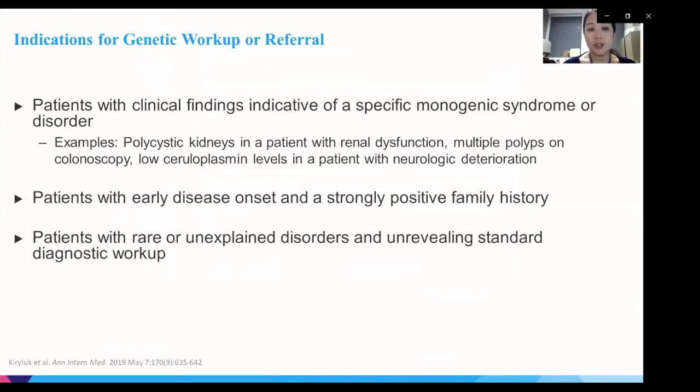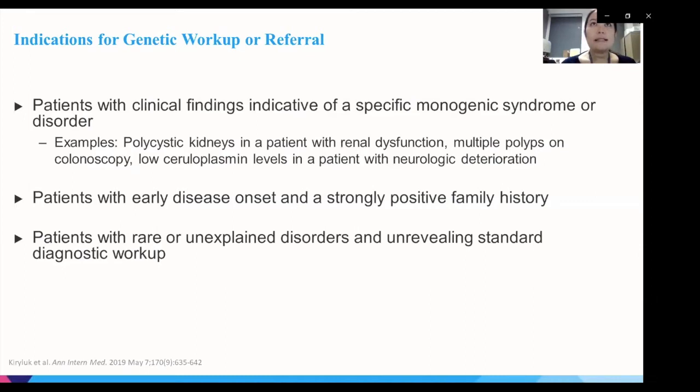So the first is patients with clinical findings that are indicative of a specific monogenic syndrome or disorder. So for example, polycystic kidney disease, multiple polyps in a colonoscopy, etc. Those patients should be referred. The second are patients with early disease onset with a strongly positive family history.